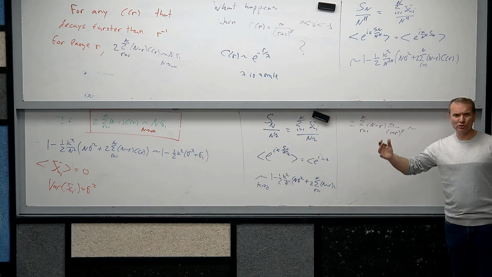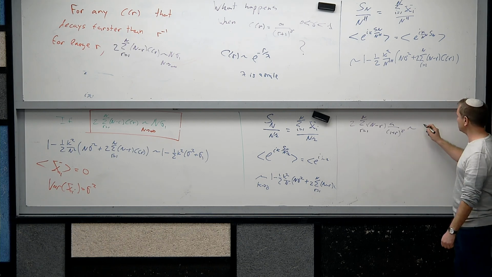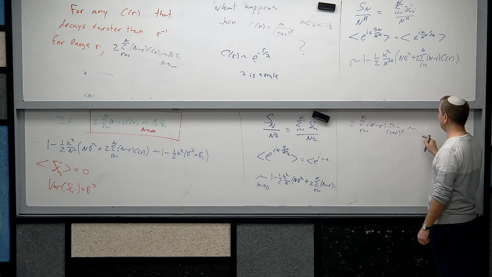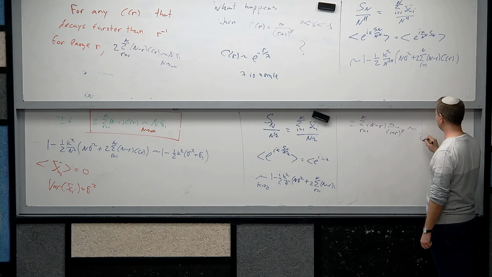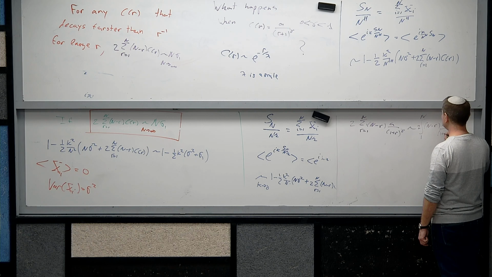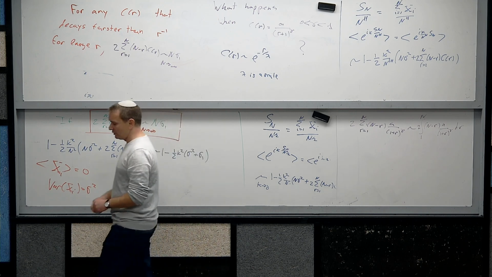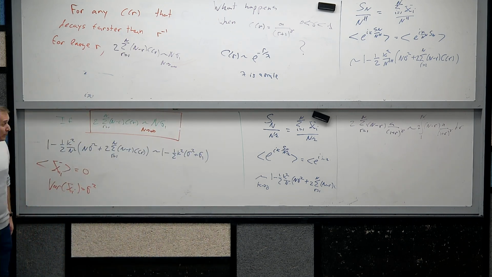There is actually a Maclaurin expansion, and you can do it very exactly, but the leading order will always be provided by the integral. r goes from 1 to n, 2 times n minus r, a divided by 1 plus r to the gamma, dr. So for the leading order, it's fine.